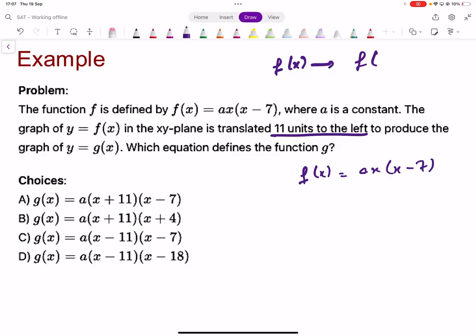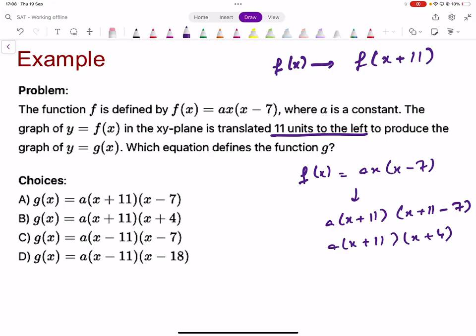It's horizontal. Left means plus. So wherever you have x in this function, you replace that with x plus 11. What does that give you? a into x plus 11 into x plus 11 minus 7. So that's a into x plus 11 into x plus 4. That is option B.